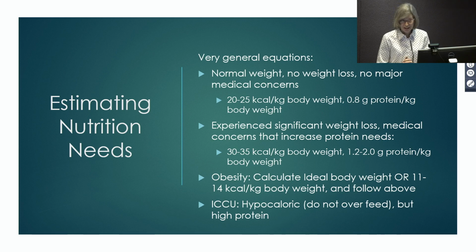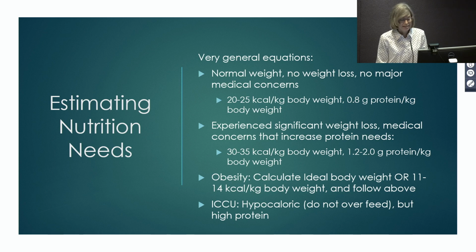And I've calculated it both ways, and it usually comes out fairly similarly, because you just can't take a 400-pound person and use their actual body weight at 35 cal per kilogram, because you're going to come up with an astronomical number that's obviously not going to be accurate.